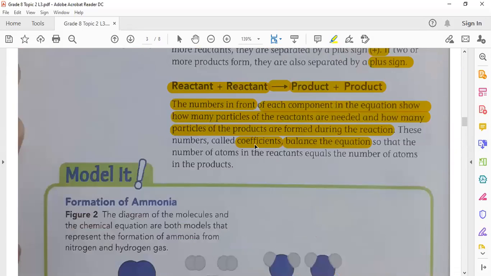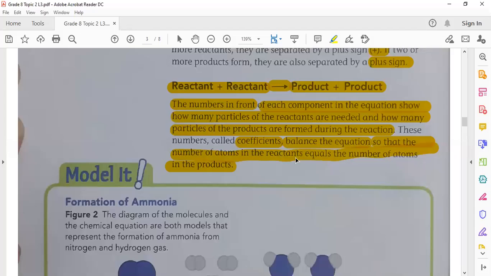These coefficients are important to balance the equation, so that the number of atoms in the reactants equals the number of atoms in the products. Please highlight it. If the number of atoms in the reactants is not equal to the number of atoms in the products, your equation is wrong.